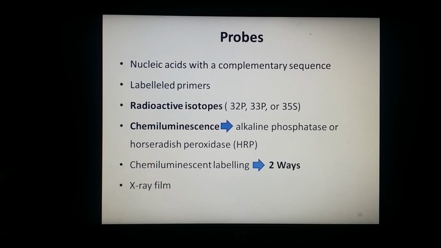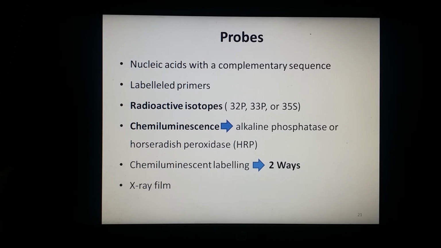The chemiluminescent labeling can occur in two ways. Either the probe is attached to the enzyme, or the probe is labeled with a ligand. For example, if the ligand is biotin, the probe will be labeled with the ligand. So these are the two ways chemiluminescent labeling is done.